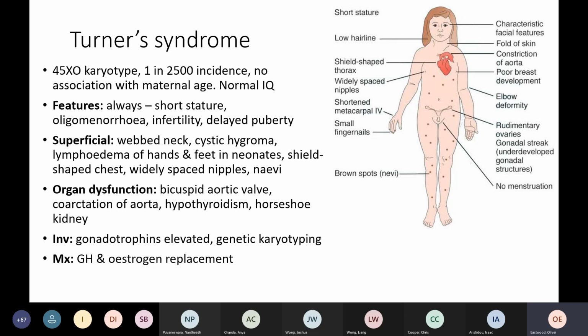The other features you can get vary in prevalence, but I think that the coarctation of the aorta, the bicuspid aortic valve, and the horseshoe kidney are very important in SBA land, particularly in UCL. They love to mention this horseshoe kidney, which I think is fairly uncommon in Turner's, but yeah, horseshoe kidney.